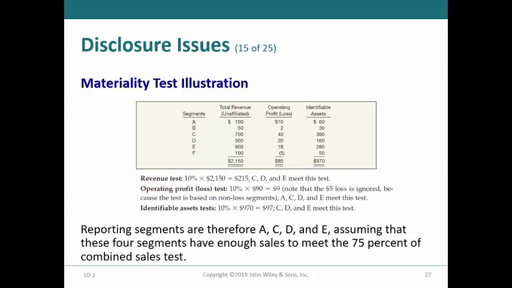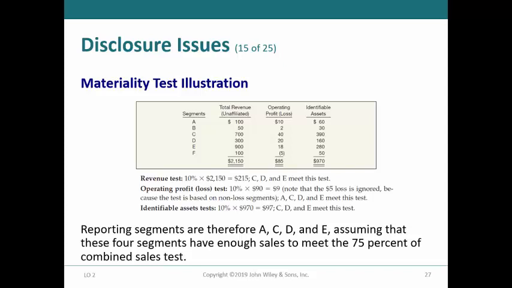In the first column, we see that segments C, D, and E meet the 10% test for revenue because they have income greater than $215, 10% of the total revenue of $2,150. The profit or loss test is probably the most confusing, so I want to make sure you understand how it is conducted. First, since there was an overall profit for all segments, the loss for segment F of $5 is not included in the total.